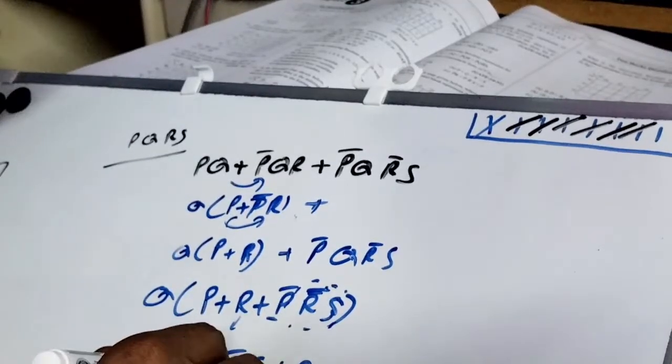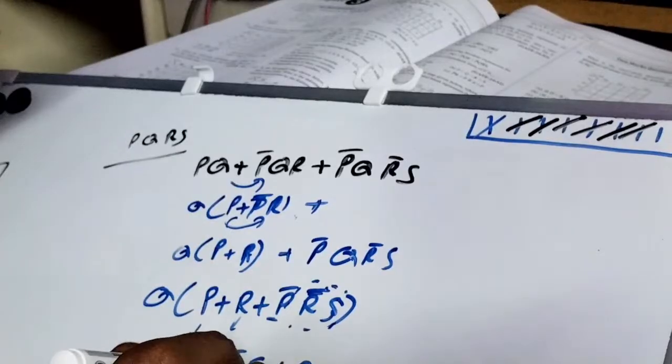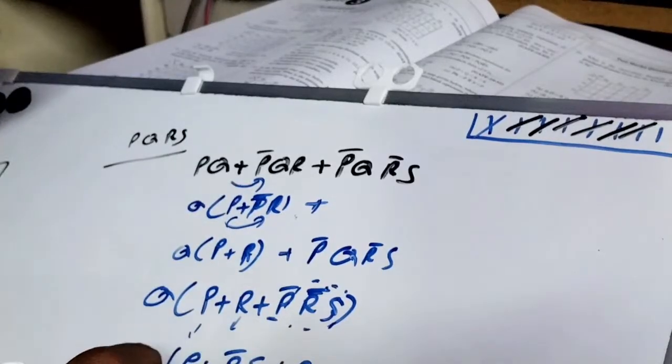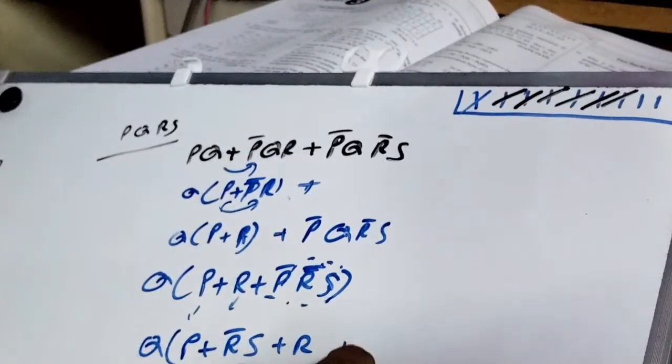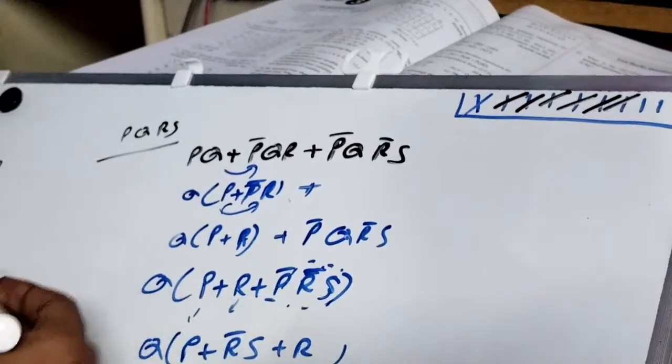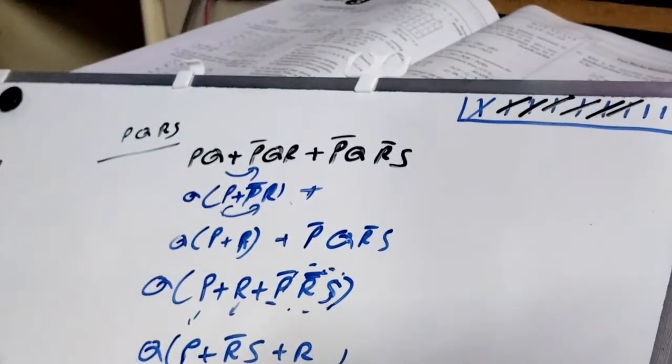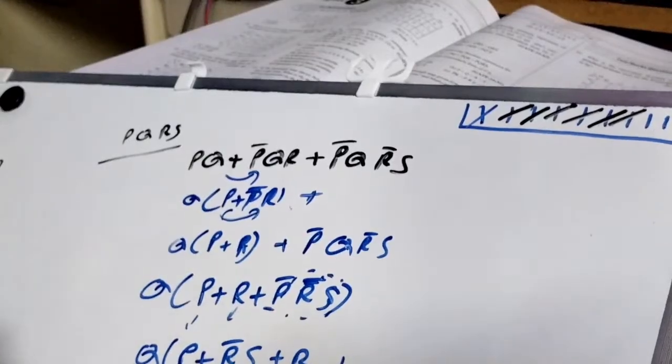So consider this R as an expression, it becomes Q times P plus S plus R. So as simplified, it will become PQ plus QS plus RQ. Yeah, there's an option. I think it will be correct.